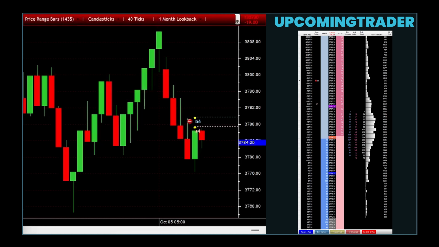The inverted hammer at the bottom pattern is considered a bullish reversal indicator that typically appears after a downtrend in the stock market. This pattern gets its name from its shape, which resembles a hammer turned upside down. It features a small body at the lower end of the trading range, with a long upper shadow that is at least twice the length of the body, and little to no lower shadow.